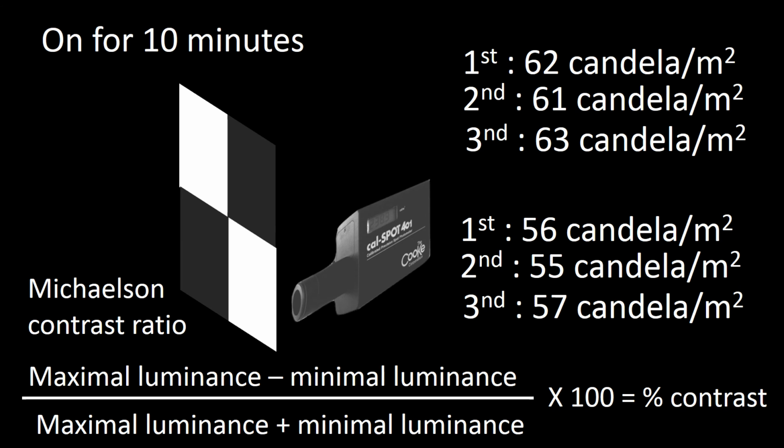Then we choose the maximum and the minimum luminosity, subtract them in the numerator and add them in the denominator. Then we multiply the result by 100 to get the percentage. I will show you in the next frames. We start by giving a numerical value to the maximal luminance and to the minimal luminance.